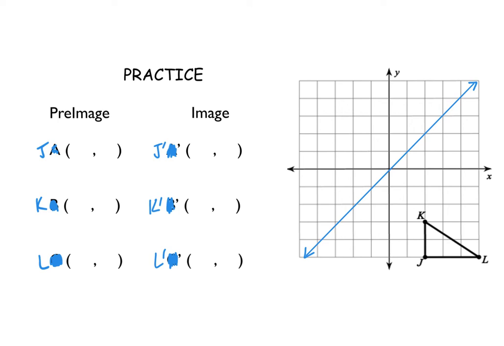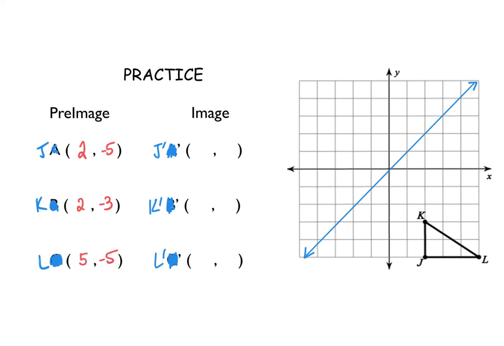We first have to find the coordinates of my pre-image. My coordinates of J should be 2, negative 5. My coordinates for K, 2, negative 3. And my coordinates for L, 5, negative 5.